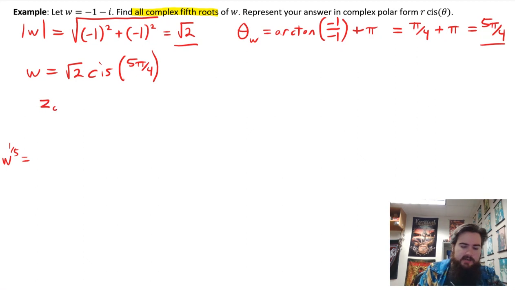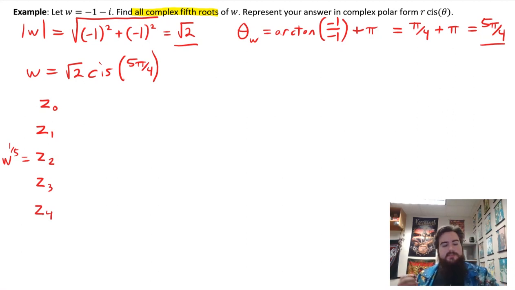So I'll say z sub 0 is our first subscript, and I'll keep using subscripts until I have 5 solutions. Z sub 0 up to z sub 4, I have 1, 2, 3, 4, 5 answers from this. Those subscripts are going to be important, as those are the values that we're going to plug into k for the root theorem.